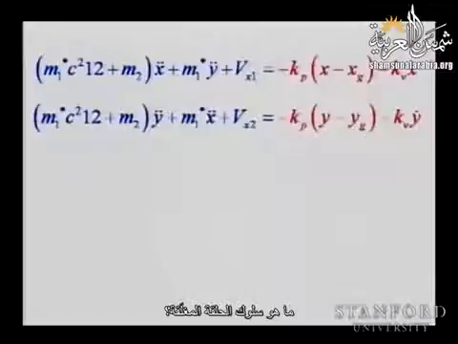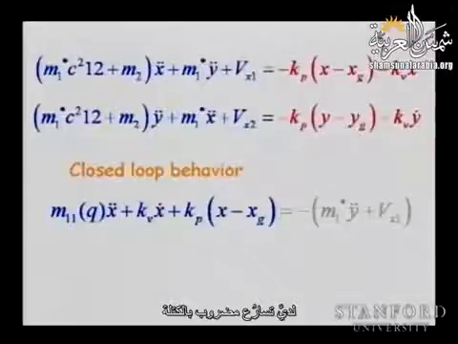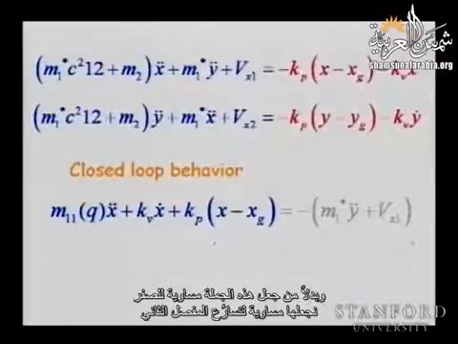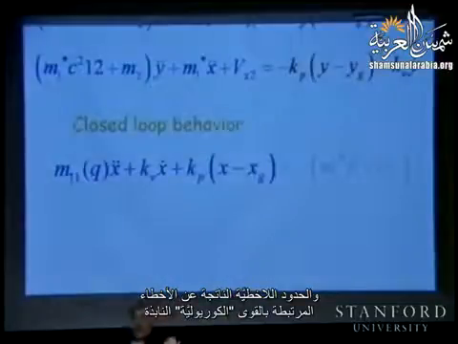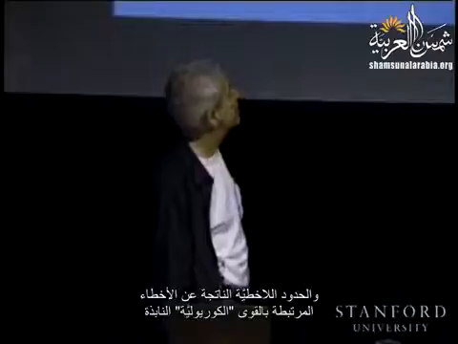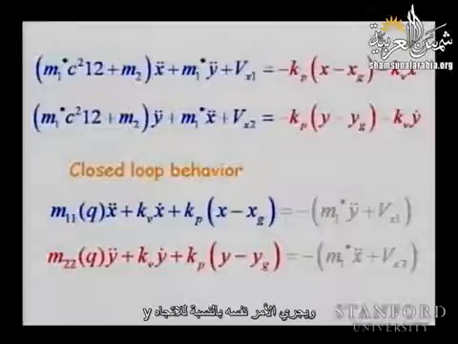What is the closed loop behavior? It's like I have a mass times acceleration plus kv x dot plus kp x, and instead of being equal to 0, it's equal to the acceleration of the second joint and the nonlinear terms coming from the errors associated with centrifugal and Coriolis forces, and the same thing for the second direction.